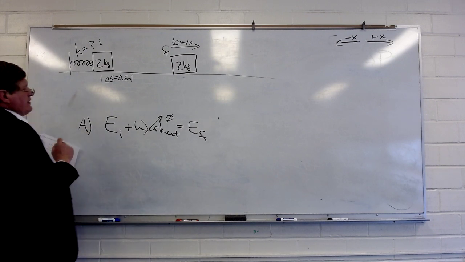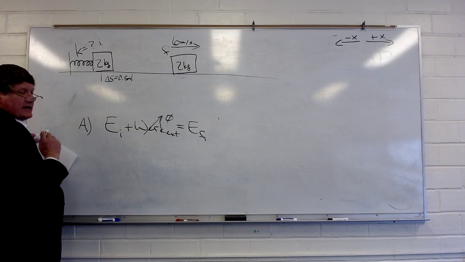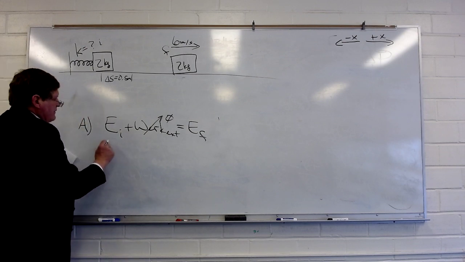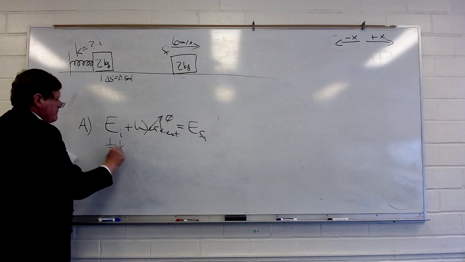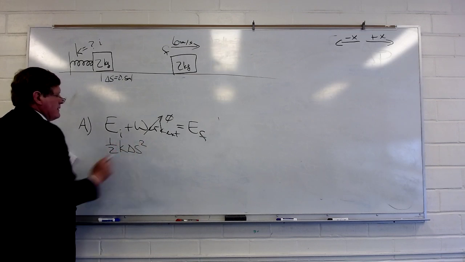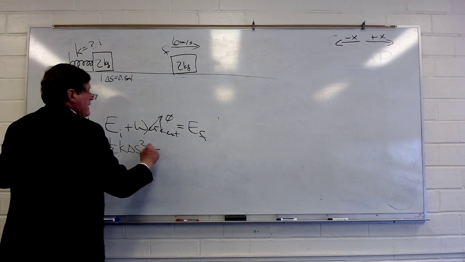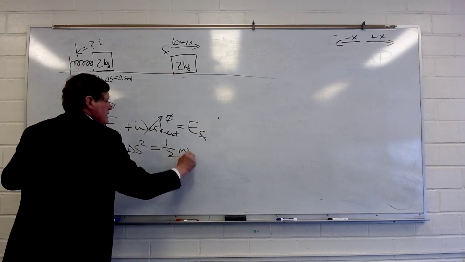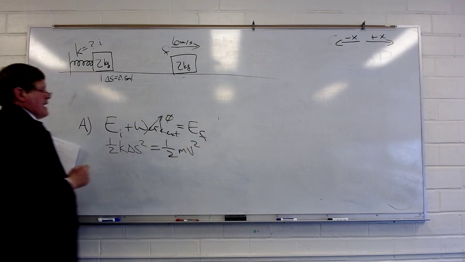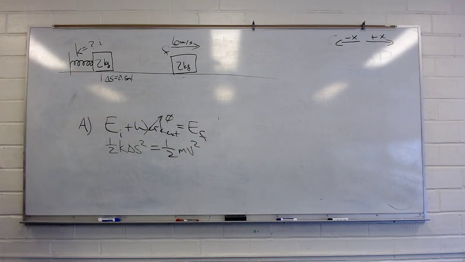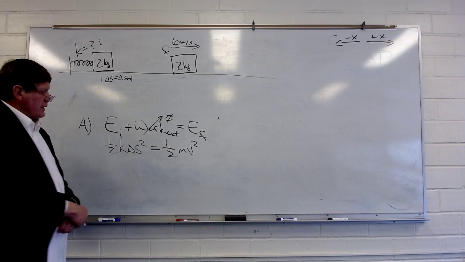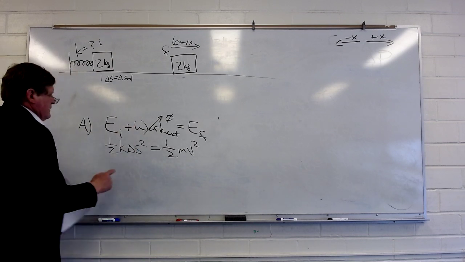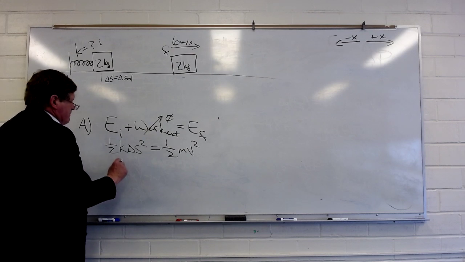So at the initial state, nothing's moving, so there's no kinetic energy. Everything's on the floor, so there's no gravitational energy. All of the energy is spring energy. When I get over here, I've got kinetic energy because something's moving. And the spring's not compressed anymore, so there's no spring energy. It's still on the floor, so there's no gravitational energy. So I can solve this for k.